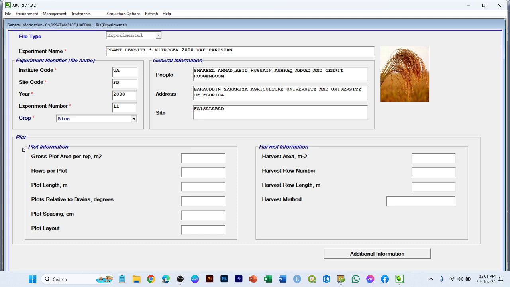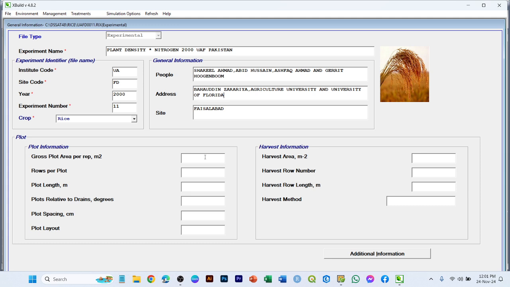While in the next, you have to go for the plot information. Maybe it's 20 by 30. It means gross plot size per meter square. It's up to you. If you have the information of your experimental area in meter square, you can put it over here. Okay. Then rows per plot. Then plot length in meters.